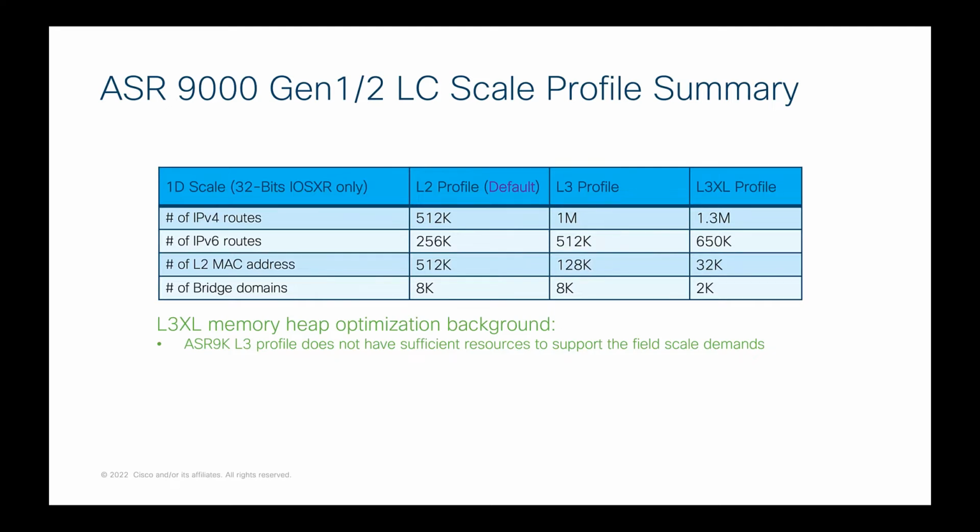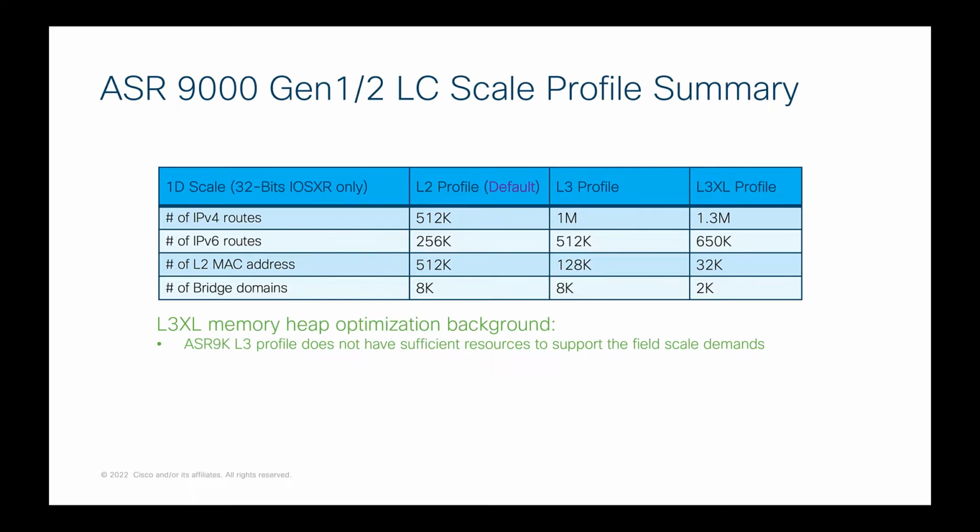This is the forwarding table for up to 1 million Layer 3 FIB entries, and we can also support 512K for the IPv6 forwarding table. And then you can see we have relatively more MAC table entries because we are shifting the system resources for the Layer 3 profile.